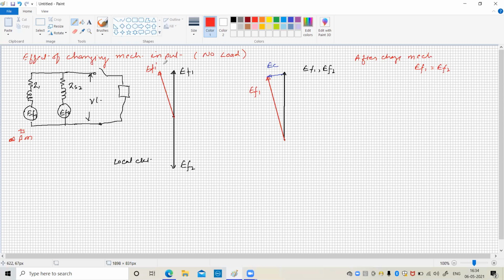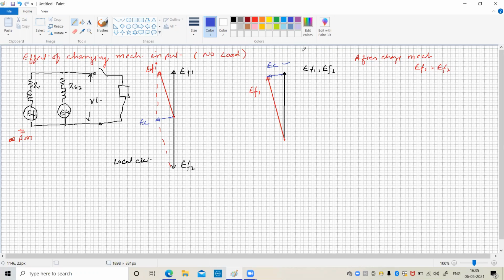The magnitude is the same, so we will write only EF1. And because of this, the vector addition of these two, say this is the vector addition, and here we will represent it as EC. This is the EC we have shown here. This is the circulating voltage that is going to develop.